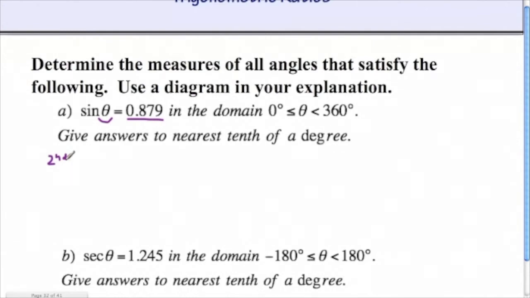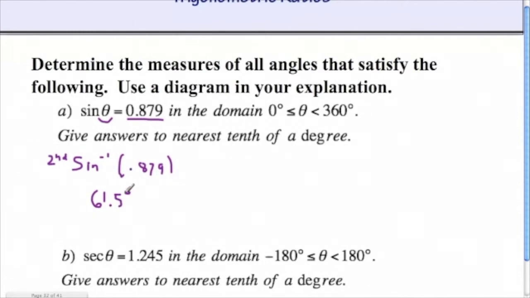So you're going to type in second sine, because it's a sine function, and you should see that little -1 pop up, hopefully. And now you type in 0.879, and out pops, is it 61.5 degrees.